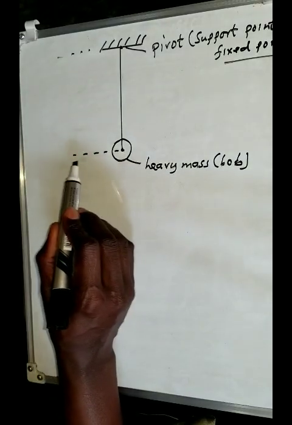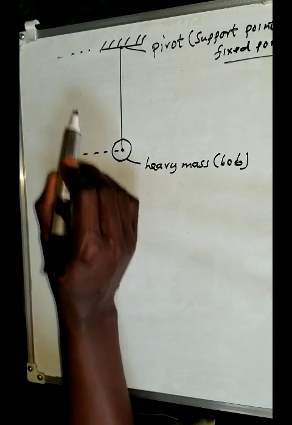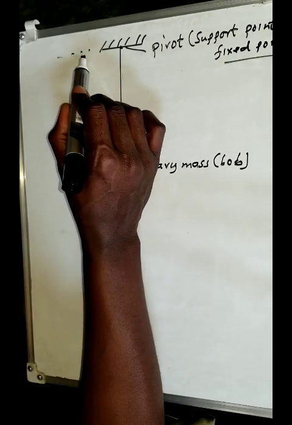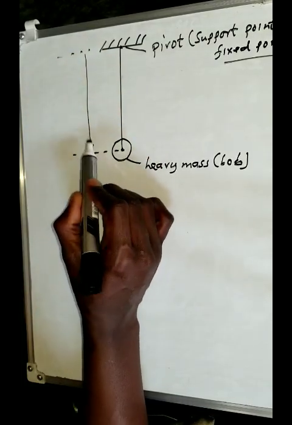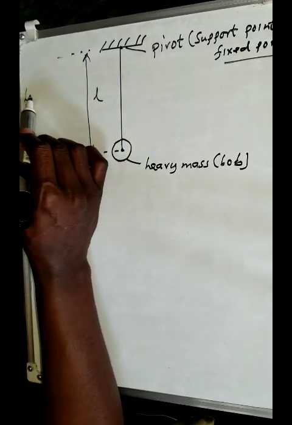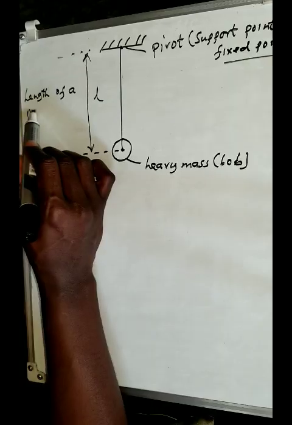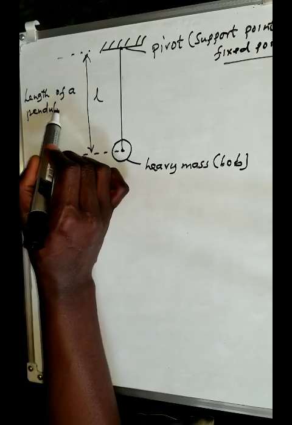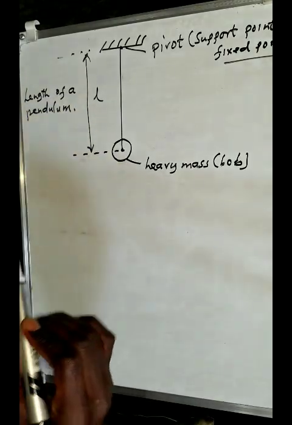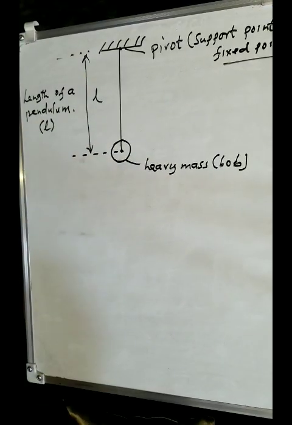So the distance from the center of the bulb to the fixed point, I'll call it L, is what we call the length of a pendulum. So that is what you need to remember.